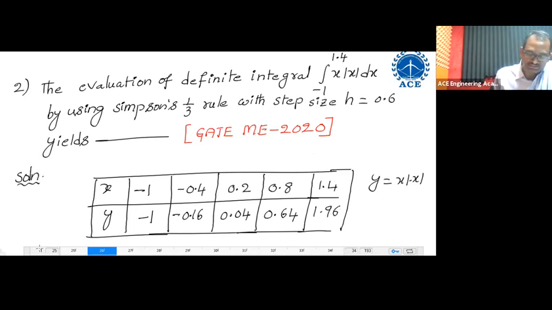I said already, the beginning value is y naught, the ending value is yn, and in between you can manage y1, y2, y3.